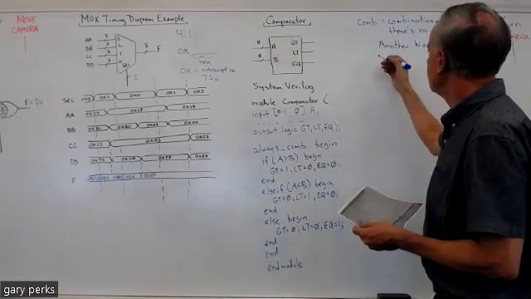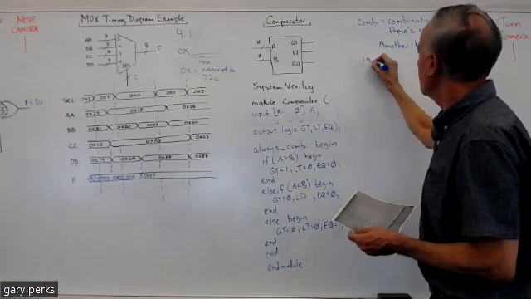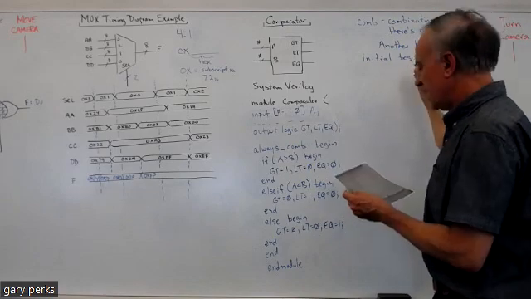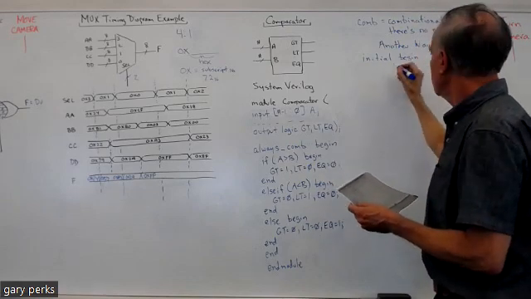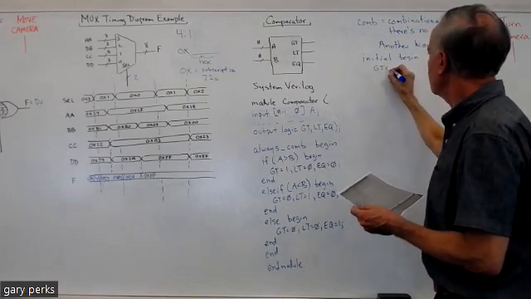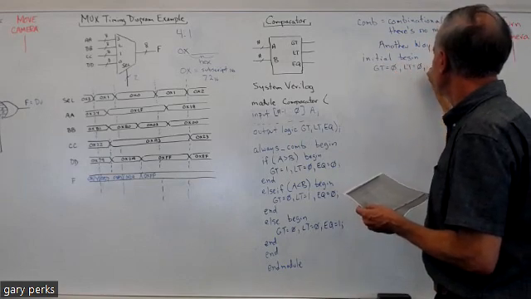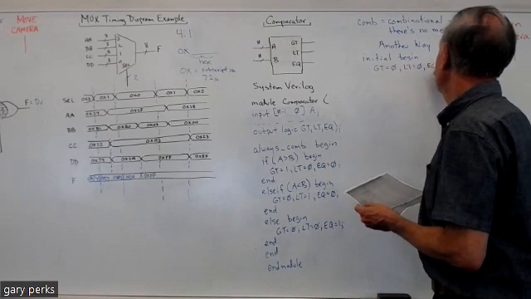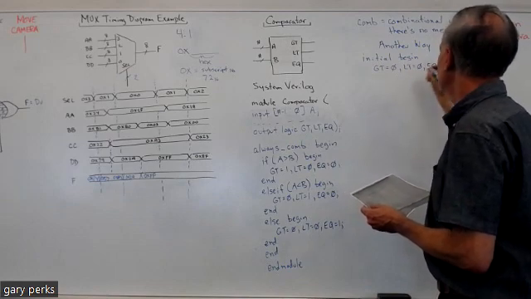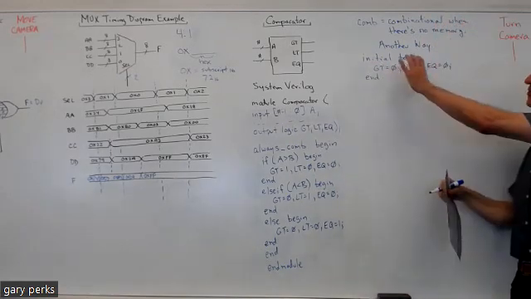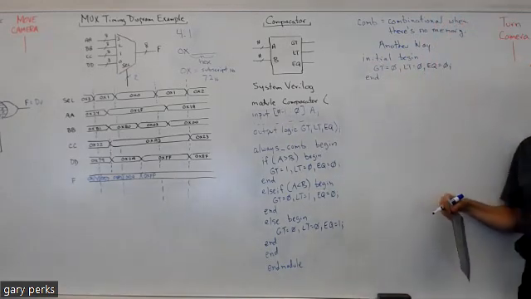To initialize output values, you would just put initial and then begin, and then list your outputs with their initial values. So you can do GT equals 0, LT equals 0, and EQ equals 0, and then you would end. All this does is initialize all your outputs to 0.